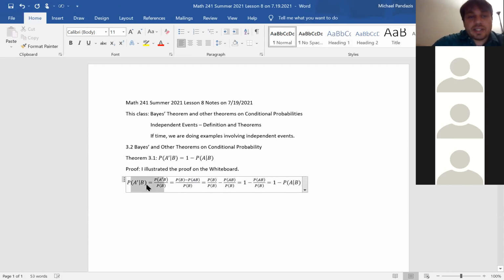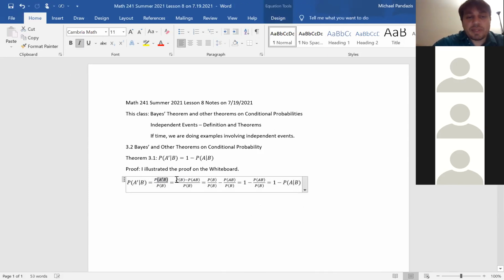All right, so again, this is equal to this by definition of conditional probability. The probability of A prime B is equal to the probability of B minus the probability of AB. That's because A prime B is disjoint from AB, but their union is all of B. Okay, so I illustrated that in the picture.